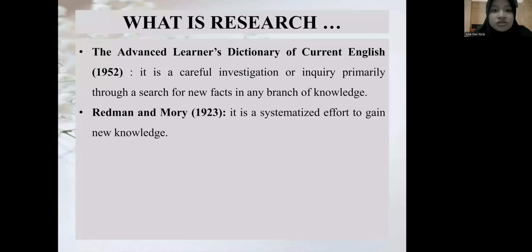From the Advanced Learner's Dictionary of Current English, it is a careful investigation or inquiry, primarily through a search for new fact in any branch of knowledge. And then from Redman and Mory, 1923, it is a systematized effort to gain new knowledge. As we know, in research we focus on language teaching.